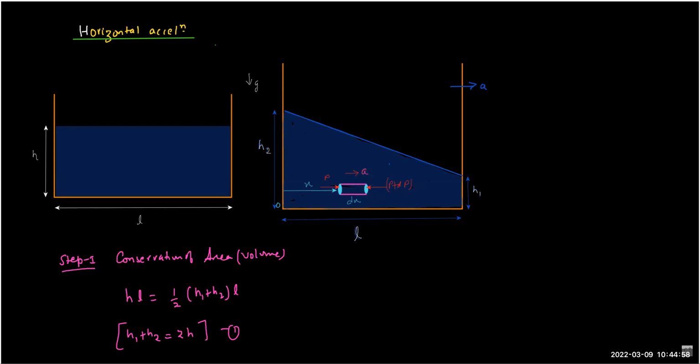So if we talk about the net force towards right, so we can say net force towards right equals mass into acceleration. And let's apply this formula for the capsule we have. And what is the capsule we have? So we can write P minus (P plus dP) into area, let's call dA as the area of cross section. I hope you can understand what's dA.